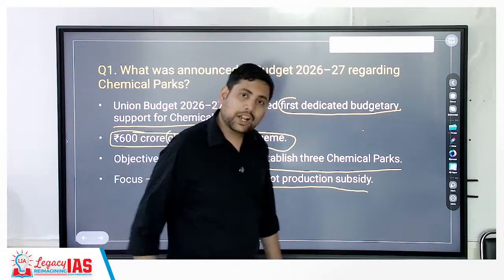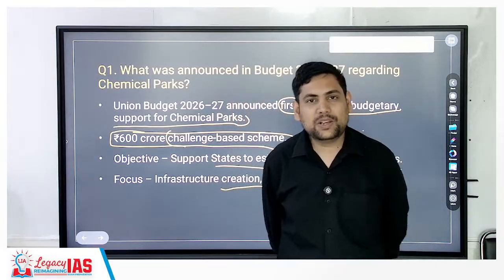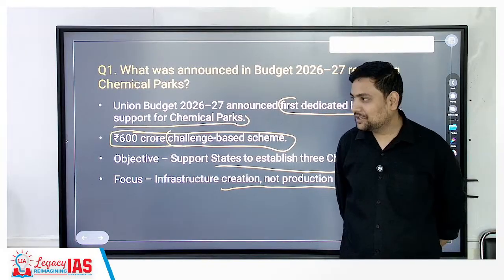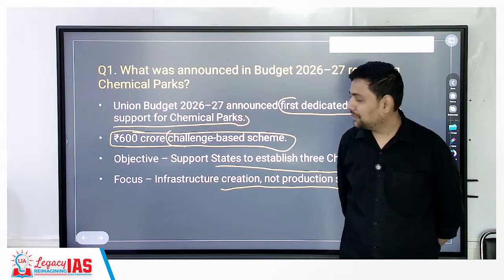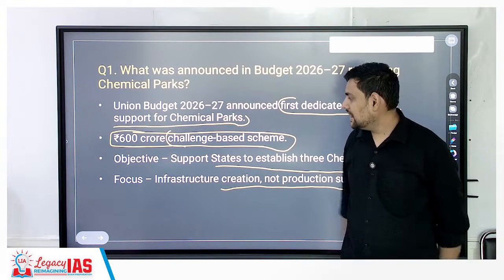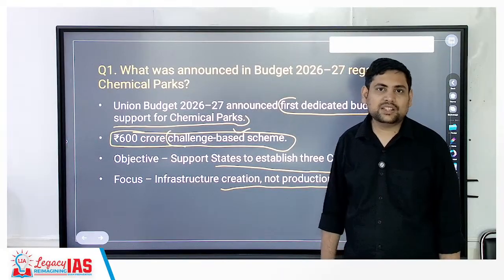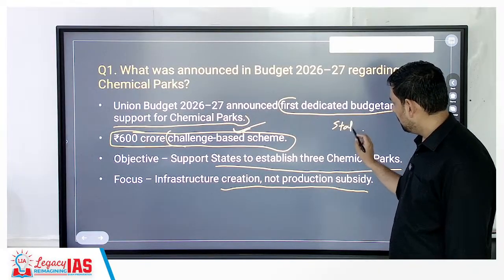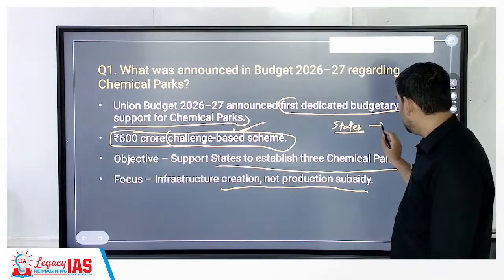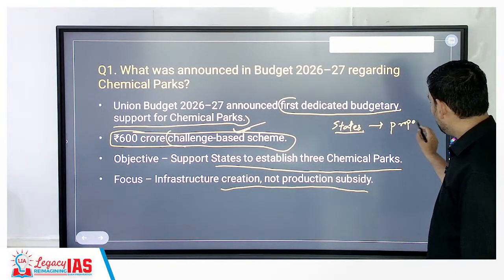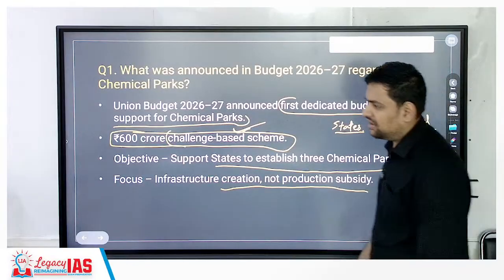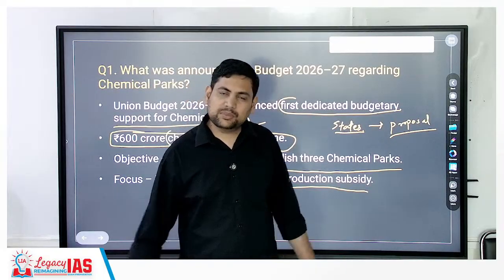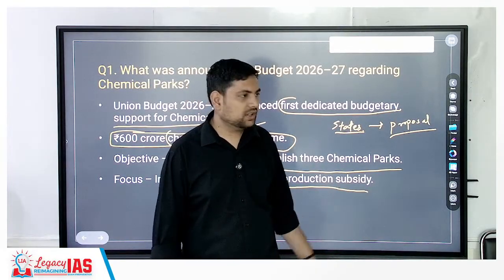Now, how will you decide where those 3 chemical parks should be? Some people will say Gujarat, because that is where most of our cabinet is from. Okay, now that is not the solution. So basically this is a challenge based scheme. Challenge based scheme as in, they are asking the states to give their proposal. States will give whatever proposal they want to give: that we can do this entire thing in this much money, this big park will be able to develop, this is how we will provide energy.